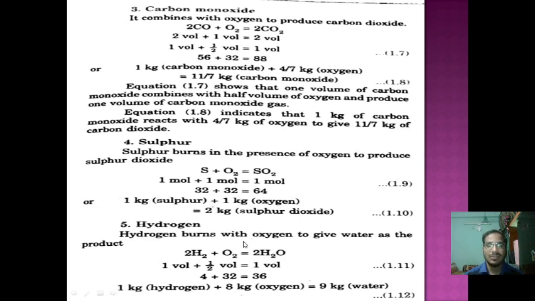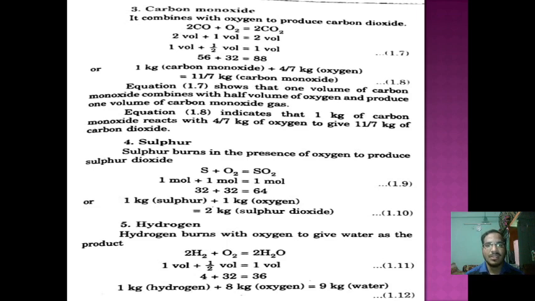Hydrogen, how much hydrogen are we taking? Hydrogen burns with oxygen to give water as the product. By the addition of oxygen, hydrogen is burned and it gives hydrogen oxide.